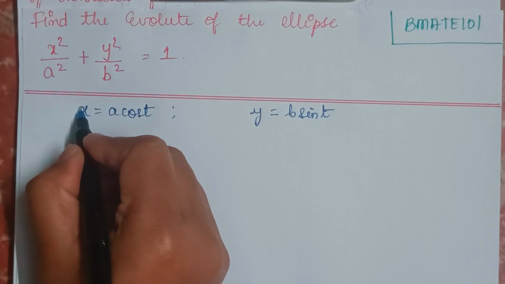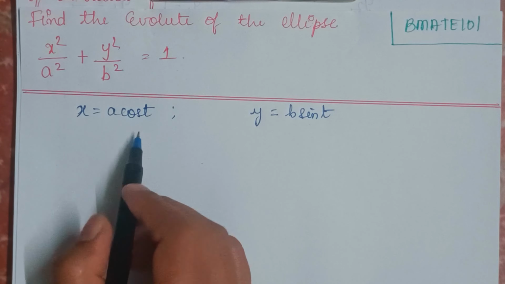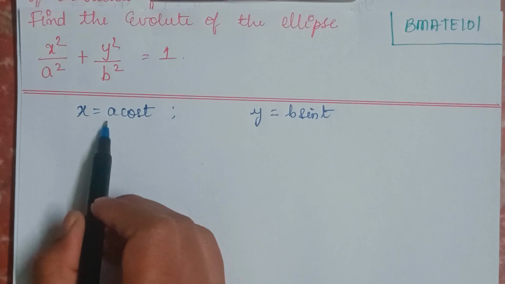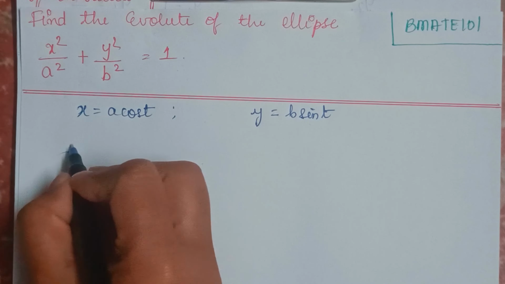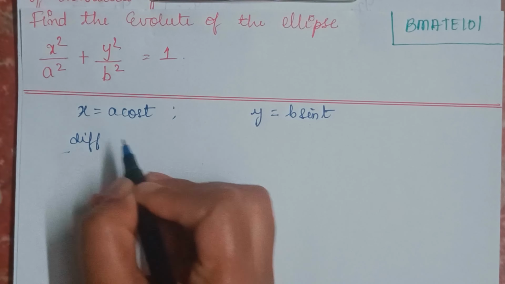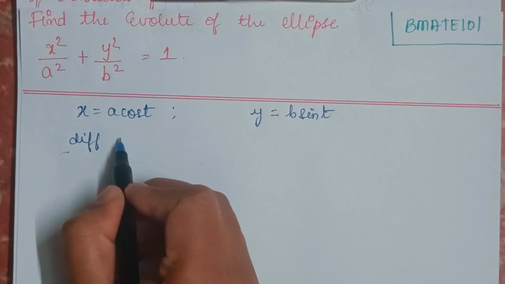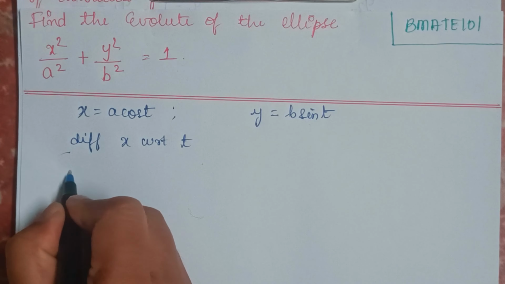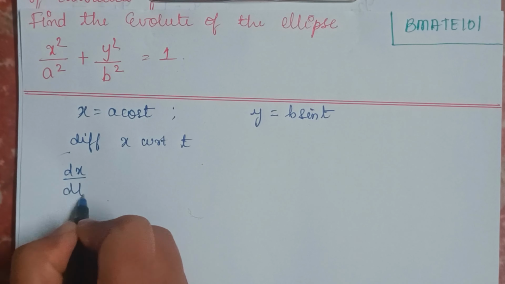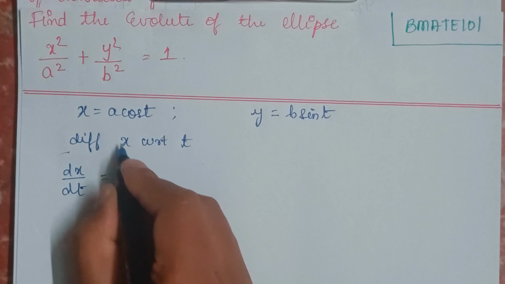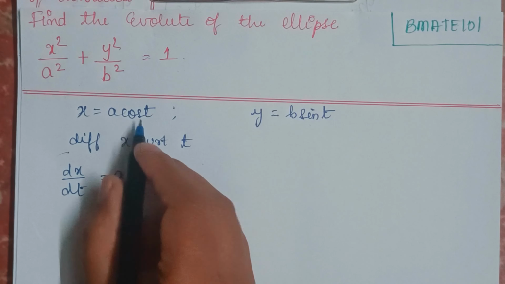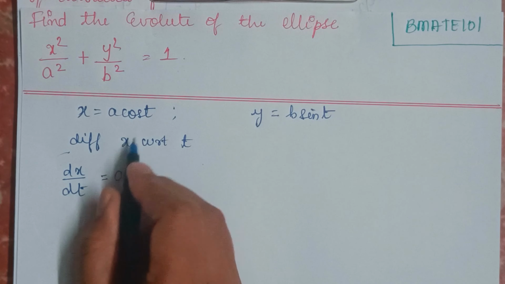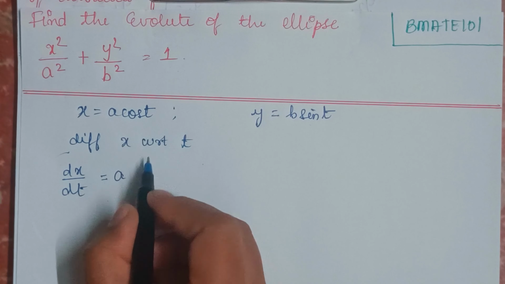So first step, what we do here is differentiate with respect to t, this x and y both. So I will write differentiate x with respect to t. So it will become dx by dt equals to, a is a constant as it is cos t. So differentiation of cos is minus sine.